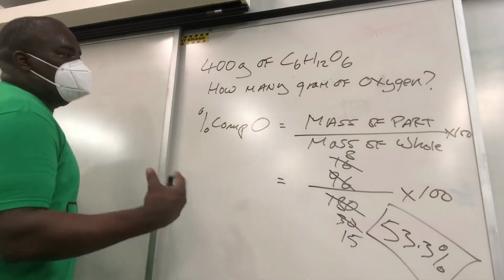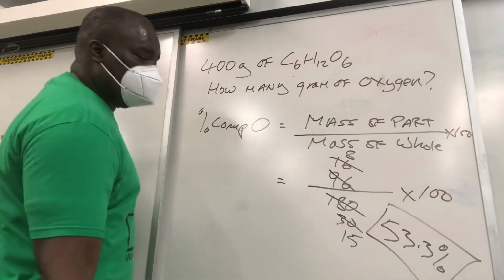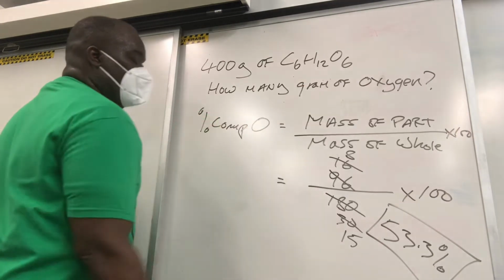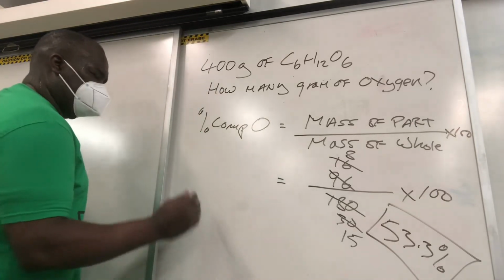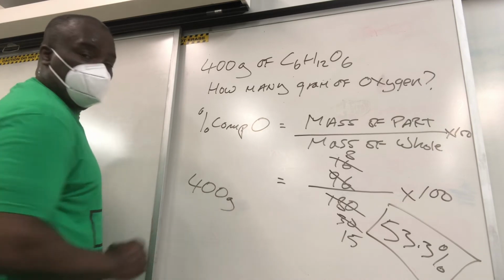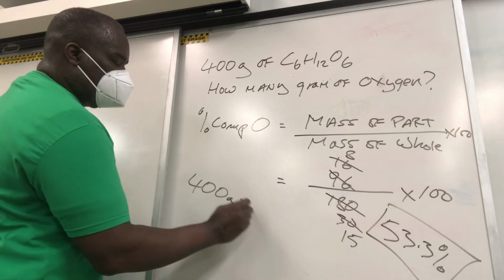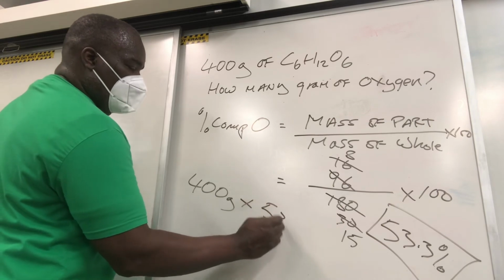Now what we want to do is find out how much, in terms of grams of oxygen, is in this sample. So we're going to use our percentage for oxygen in relation to the 400 gram sample. Now, remember, guys, a percentage is simply some number over 100.